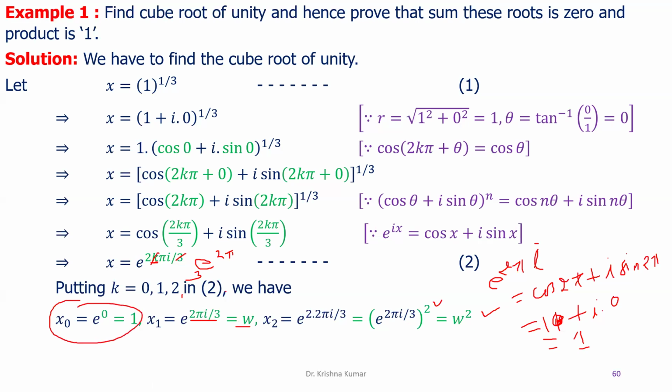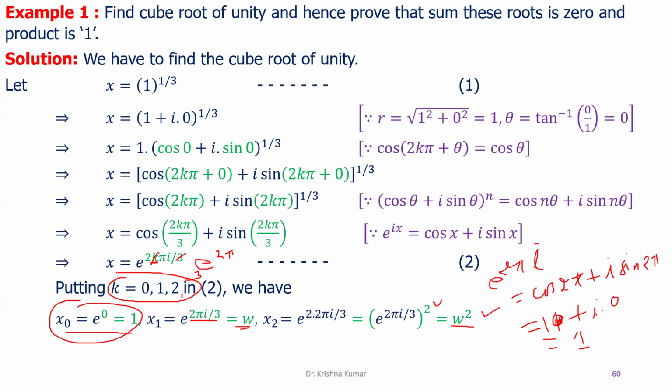If you put k equal to 4, that should be equal to omega. If you put k equal to 5, we get omega square. If you put 6, then we again have x0, which is equal to 1. So these values are repeating. So this equation has only 3 roots. We can get infinitely many values of k, but those values are cyclic.